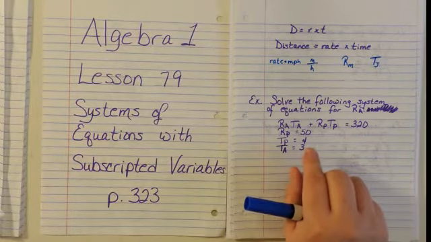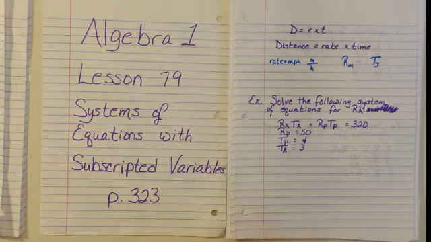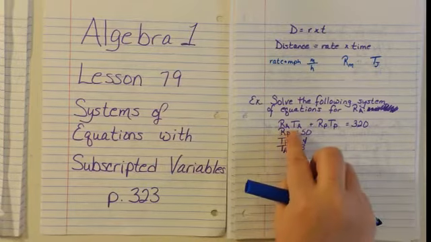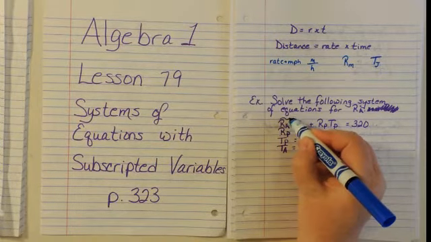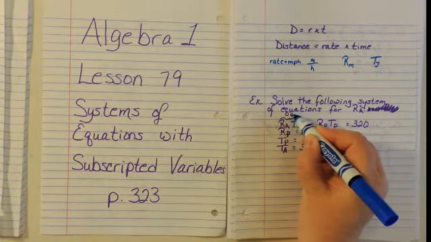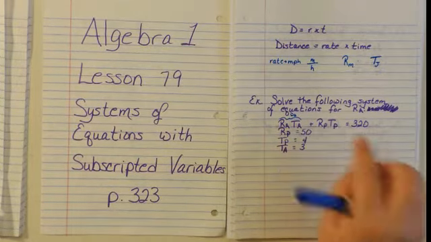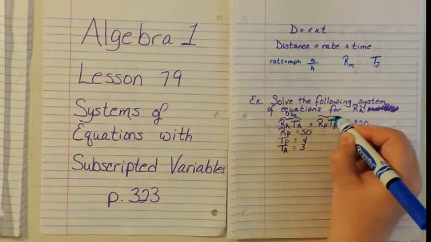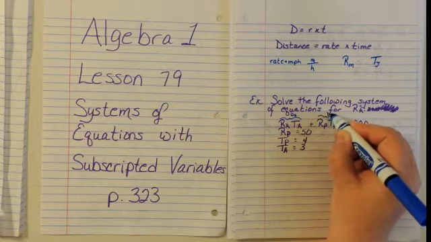Now, you remember that rate times time equals distance. So this, rate of Annie times the time of Annie, is actually the distance of Annie. And the rate of Peter times the time of Peter is actually the distance of Peter.